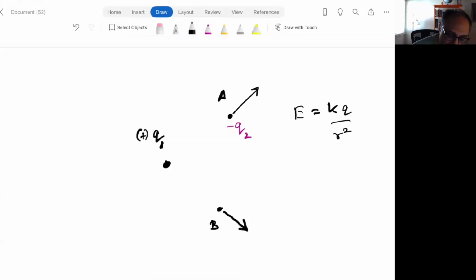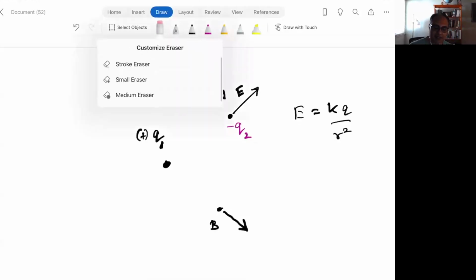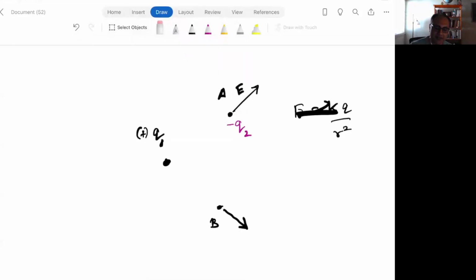You know that Q1 produces an electric field at A. So now you can see the direction of the electric field at A, and just focus on the point A for now. You can see the direction of the electric field at the location of A. You can also see the sign of the charge at the location of A.